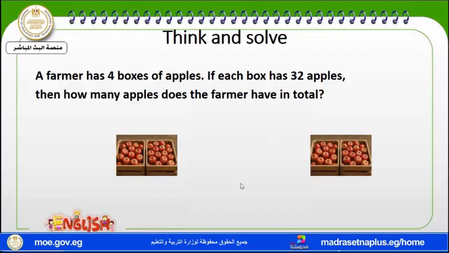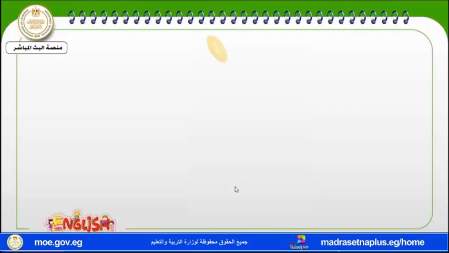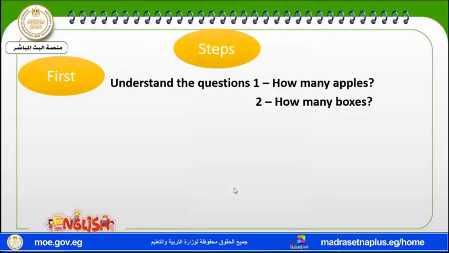In order to solve this word problem, we will do the following. First, we are going to understand the question. What was the question? We wanted to know how many apples, given the number of boxes. So we need to identify the number of apples and the number of boxes.